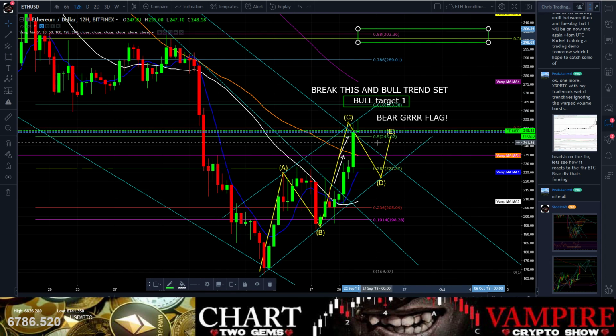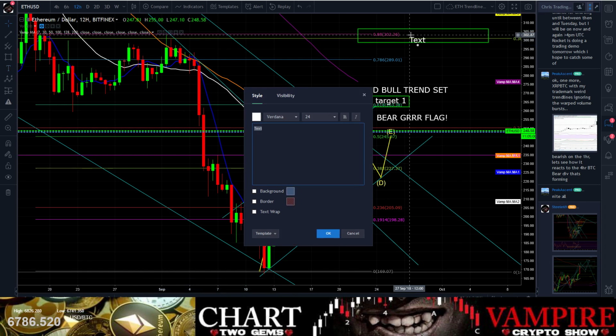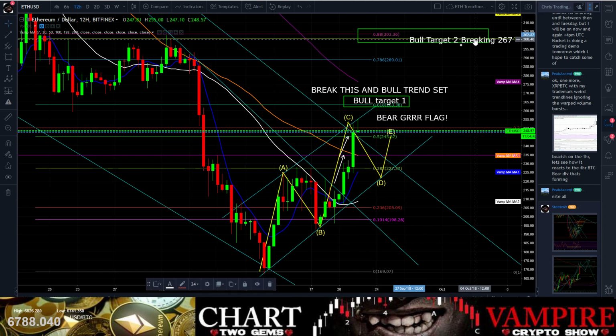There it is, right there. Break that, and that's your bull target 2. It says if you're breaking 267. Okay, pretty easy.